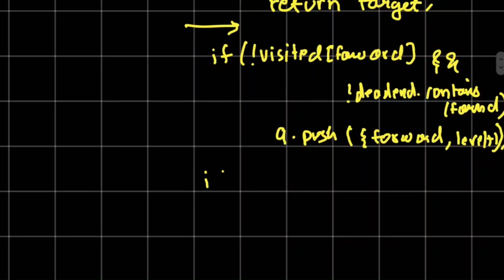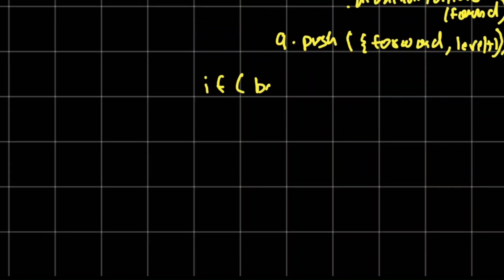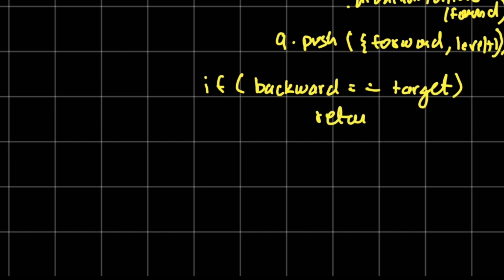So say if backward is equal to target, then we will return, we will not return target, but we will have to return the current level. So we will return level plus 1 here, and we will also return level plus 1 from here.